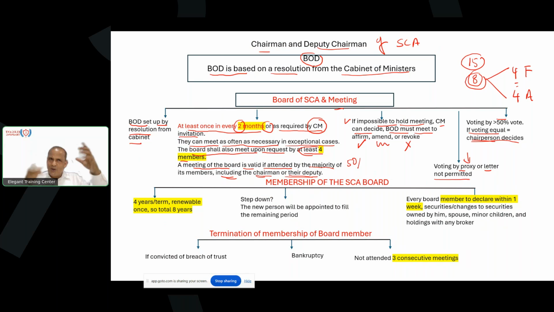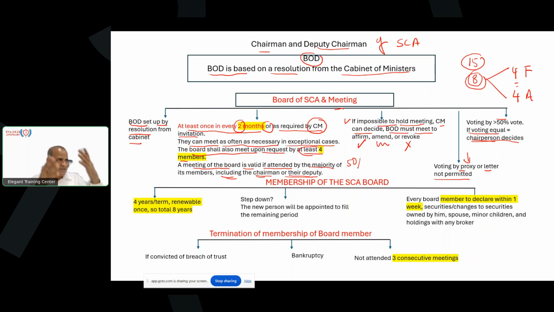But now in this internet world, voting is possible. Meeting is possible online. That's okay. Clear? It means the board of directors can meet online.